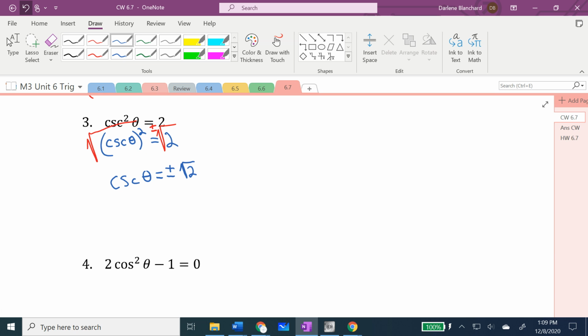Now, what I recommend that you do at this point, if you have cosecant or secant or cotangent, reciprocate them. And then you only have to know how to work with 3 functions on the unit circle. If I reciprocate cosecant, that is which trig function? Good.